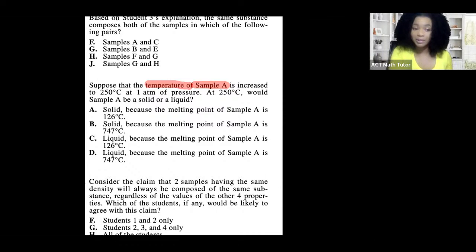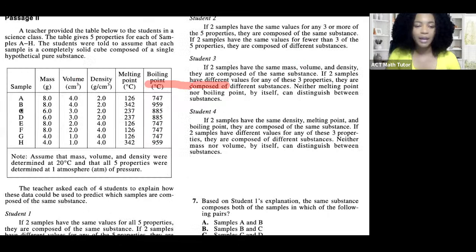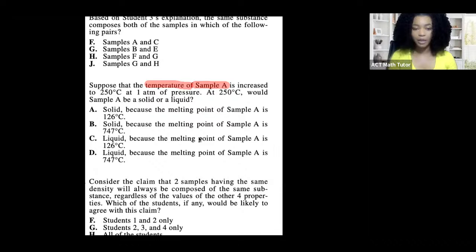It has not melted yet. So we look back at sample A. The melting point is 126 degrees Celsius. 250 is over that, right? So this substance has melted and become a liquid. Okay, so we know it's liquid.